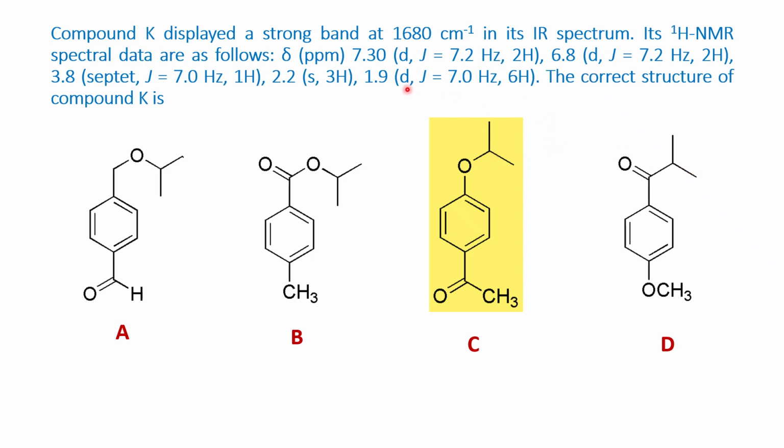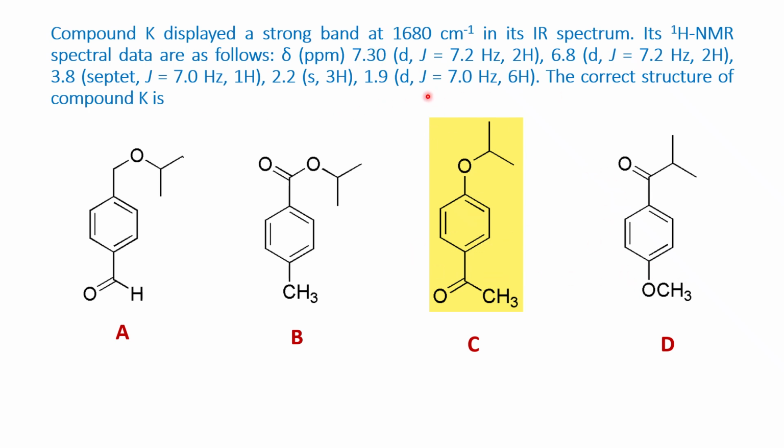So altogether, the J value and the splitting pattern do not help us to solve the question, but the position of the chemical shift value, or position of the signal, greatly helps us to solve this particular problem.